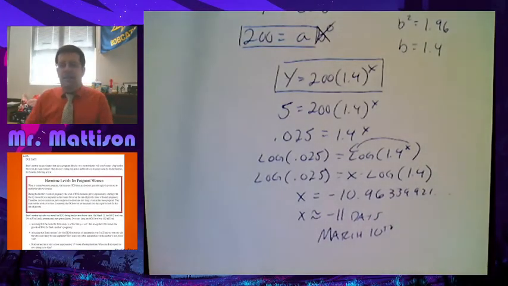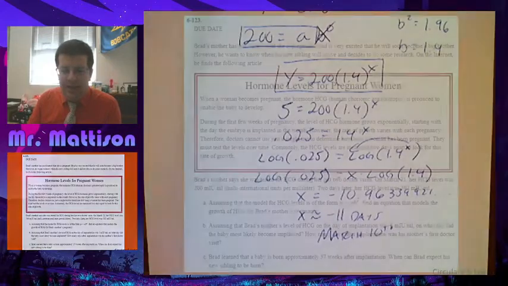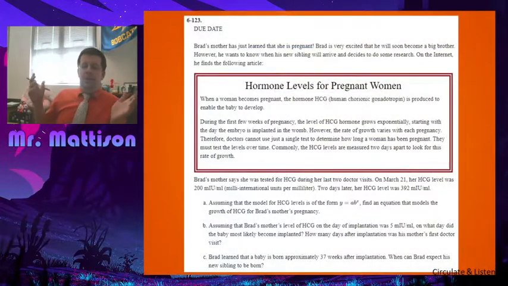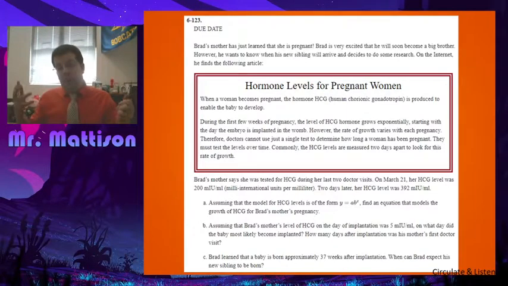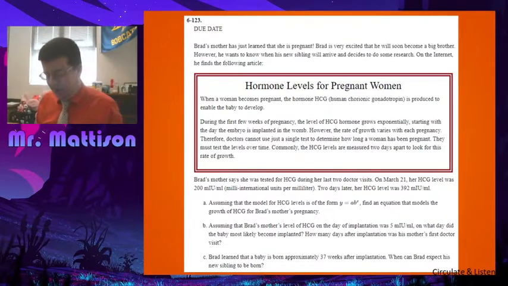Right? And then the final question we get asked here is, if the approximate time after implantation is 37 weeks, gestation is 40 weeks because it's typically 2 to 3 weeks from the fertilization to the implantation. So that's the missing 2 or 3 weeks there, in case you were curious.